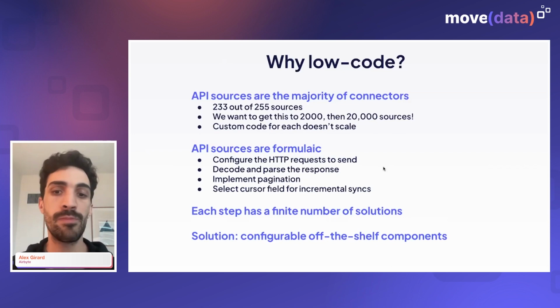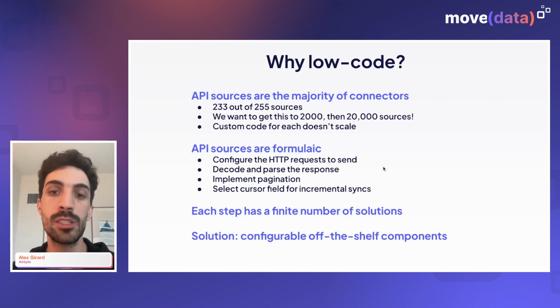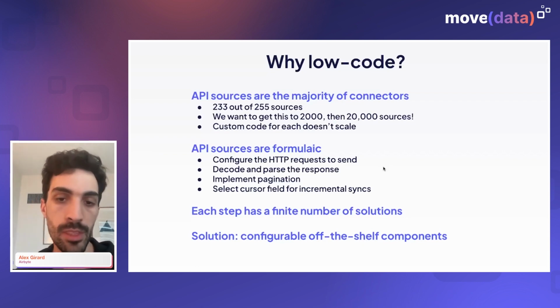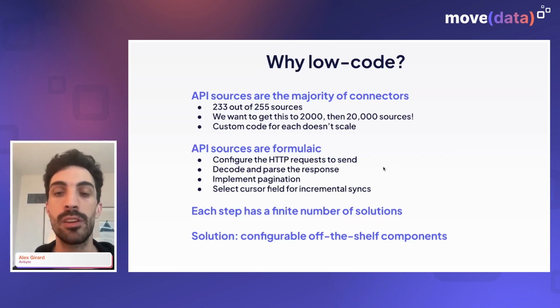So we've abstracted away all of the complexity and designed configurable off-the-shelf components that can be reused by the connector developers. And what this does is it turns the problem of integrating with a new REST API from an engineering problem into a matter of understanding and translating the API documentation into a YAML file that describes the connector.